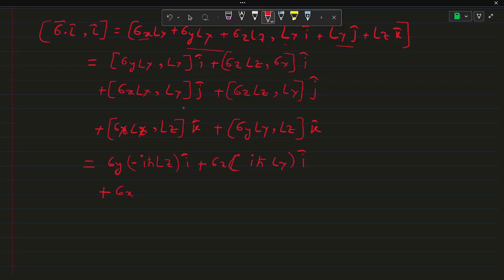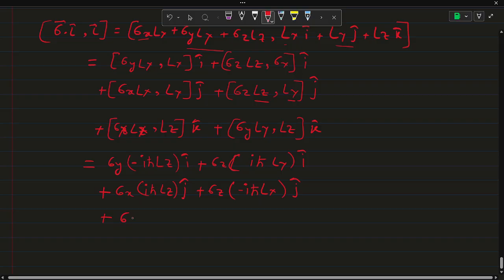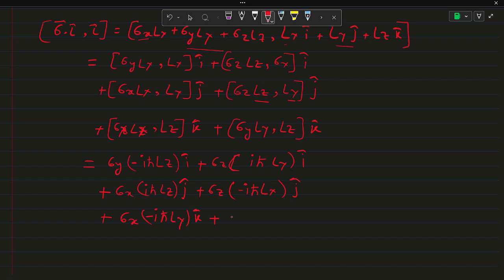Again sigma x we take out, Lx and Ly will give i h cut Lz j cap, plus Lz and Ly will give minus i h cut Lx j cap, plus sigma x, Lx and Lz will give minus i h cut Ly k cap, plus here Ly and Lz will give i h cut Lx.